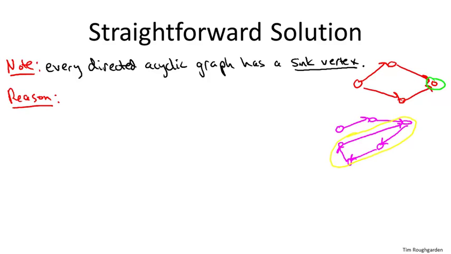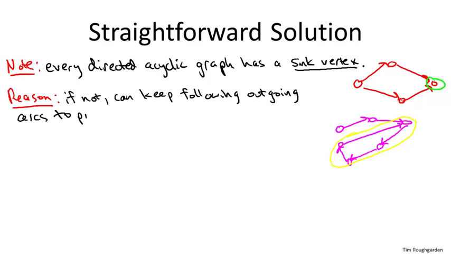So here's how we use this very simple observation to compute a topological ordering of a directed acyclic graph. Let's do a little thought experiment. Suppose, in fact, this graph did have a topological ordering. Let's think about the vertex which goes last in this topological ordering. Remember, any arc which goes backward in the ordering is a violation, so we have to make sure every arc goes forward in the ordering.